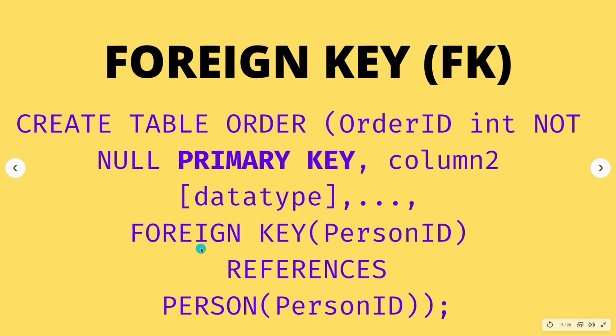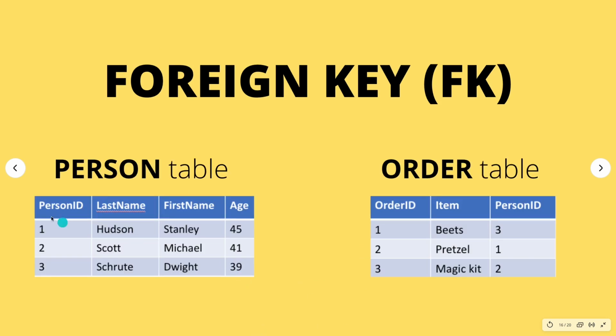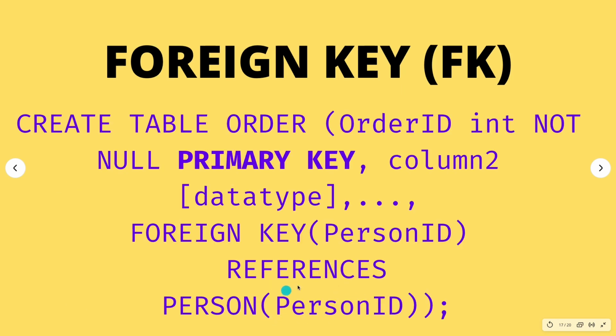We refer to the person ID as a foreign key in this order table. After which we create a references. What is this person ID referring to? We are referring to the person ID column in the person table, right? So this is the primary key that we are referring to. That's why we put it here.